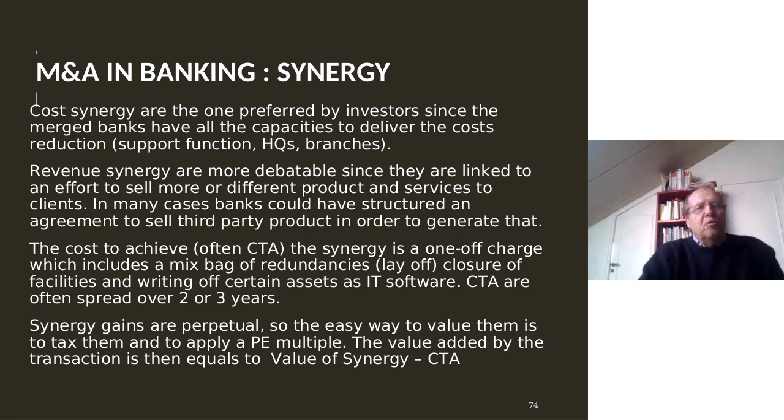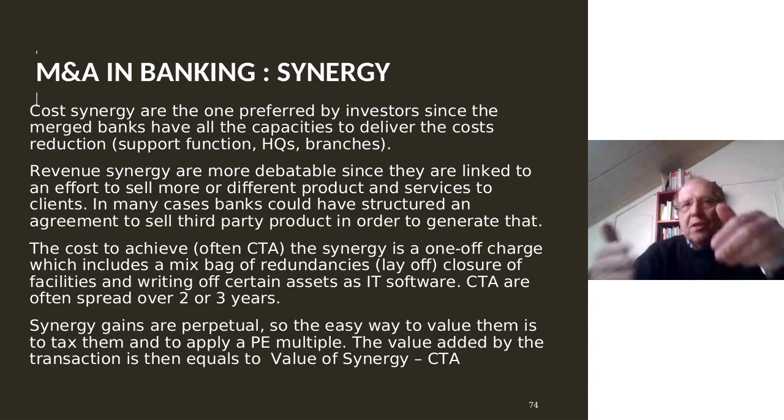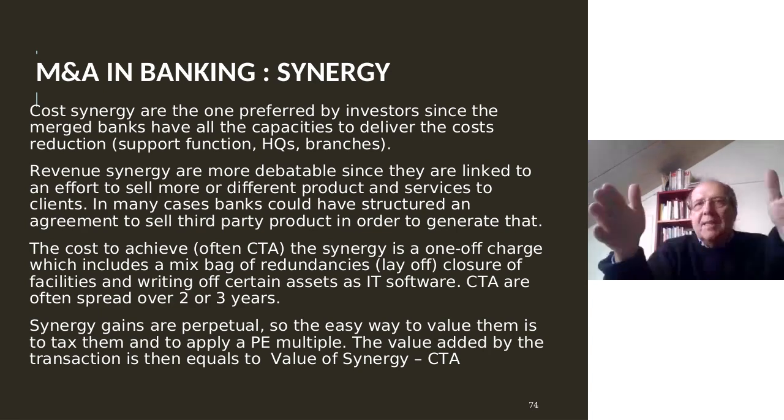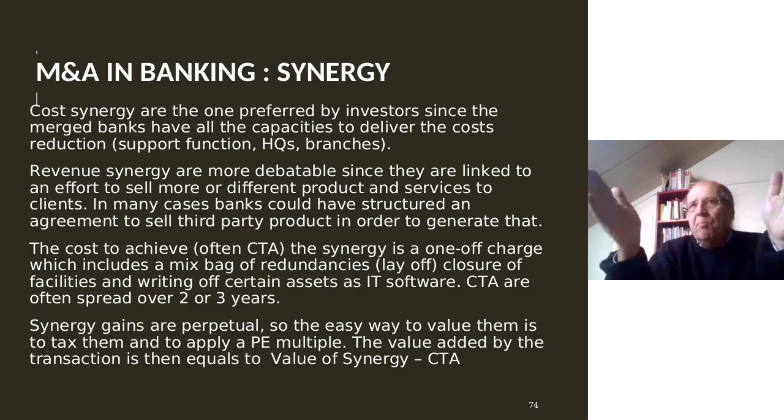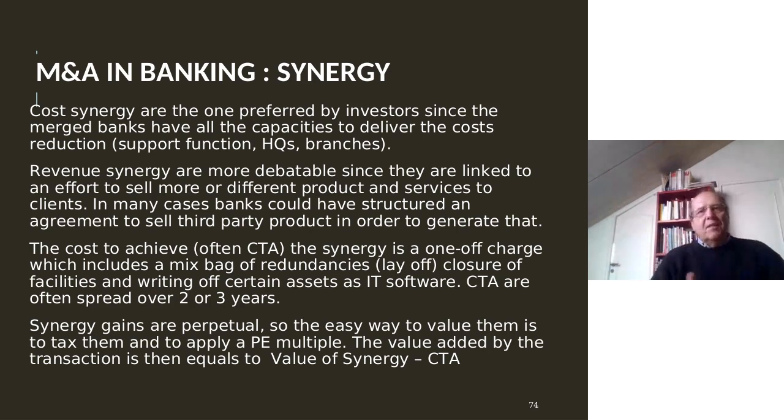And you could have what we call revenue dis-synergy. A famous example was the merger of Commerzbank in Germany and Dresdner Bank. Those two German banks had a diverse clientele: retail operations, SMEs, large corporates, institutional activities, asset management, and insurance.